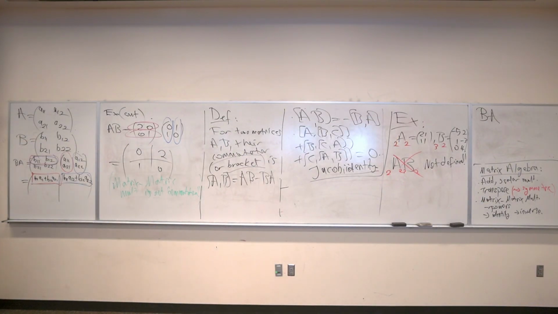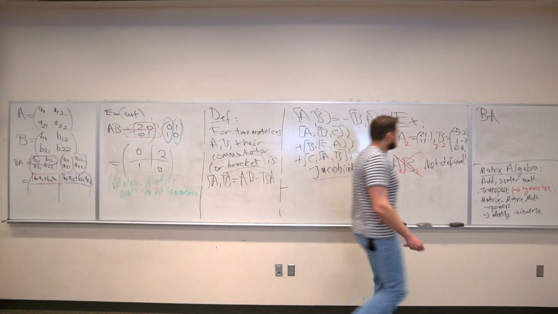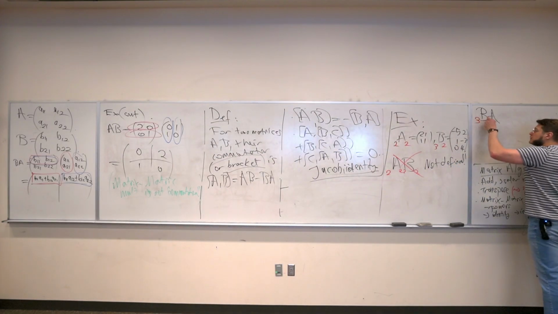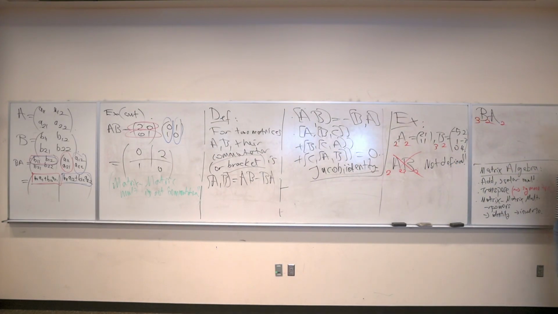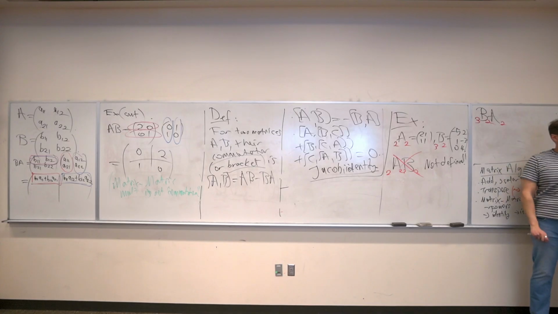Again, I record the dimensions. B is 3 by 2. A is 2 by 2. And furthermore, I know that when I do this multiplication, I'm going to get a 3 by 2. The middle dimension is going to drop.